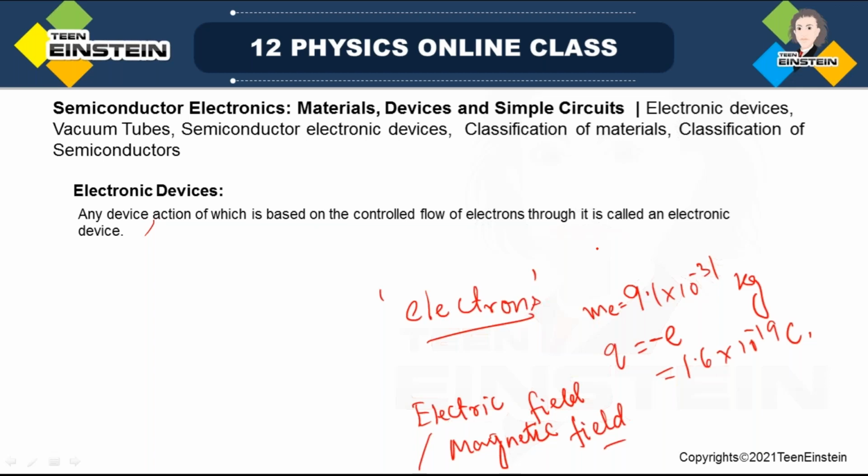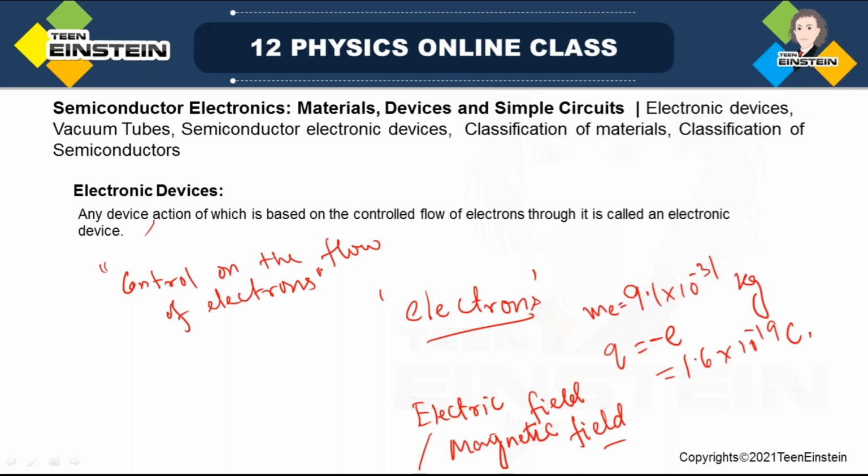That means in any electronic device you have to have control on the flow of electrons.